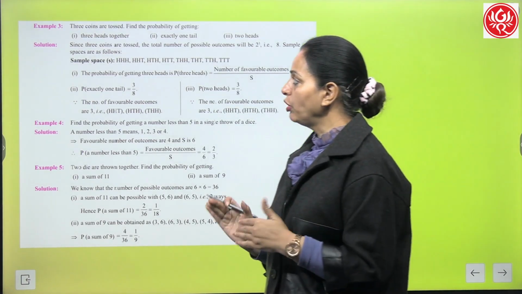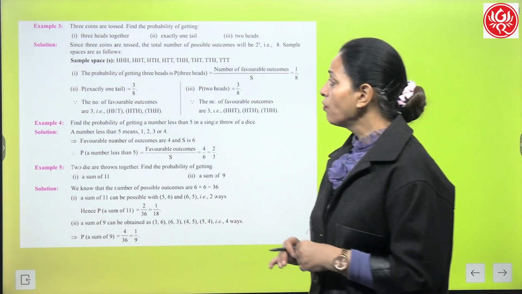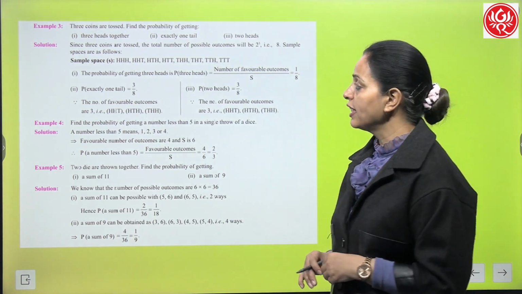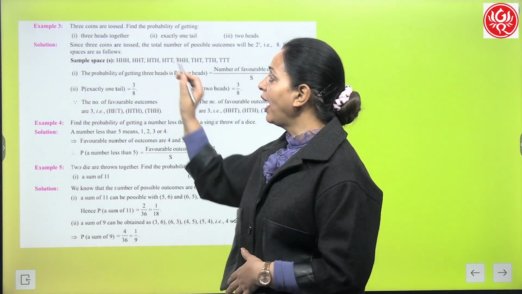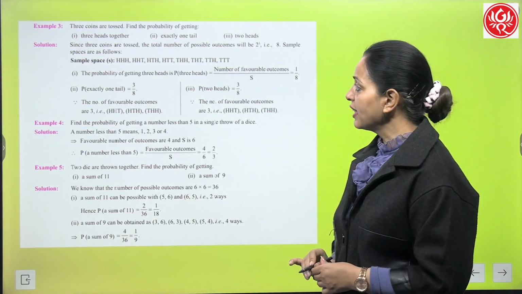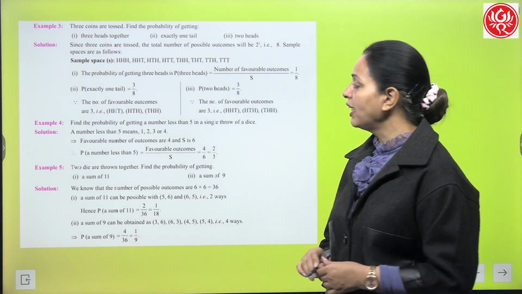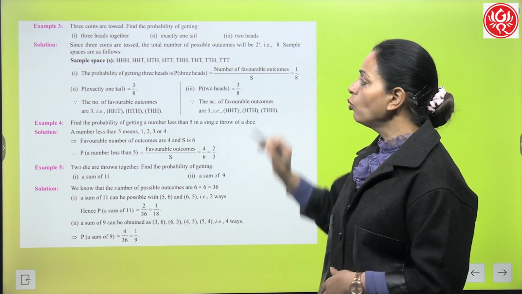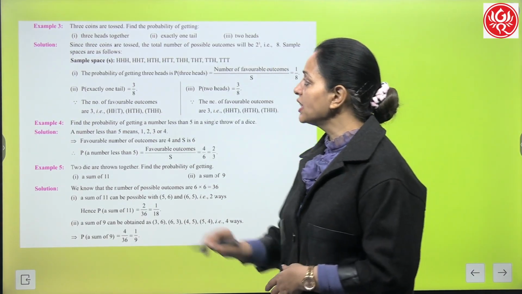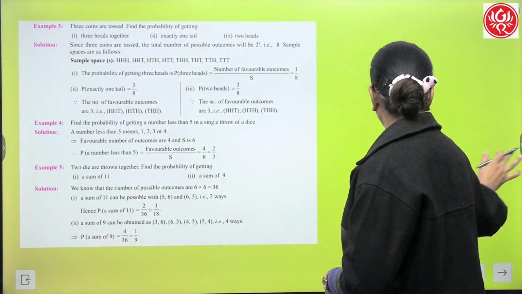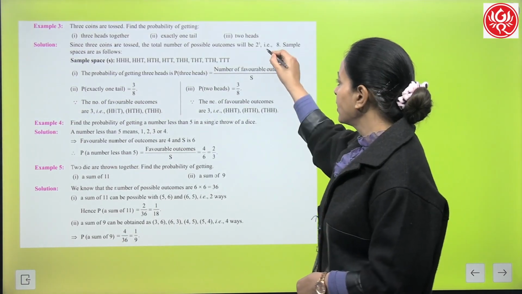Now example 3. 3 coins are tossed. Find the probability of getting the first one 3 heads together, and the second one exactly 1 tail, and the third one 2 heads. So now here since 3 coins are tossed, total number of possible outcomes 8, right?